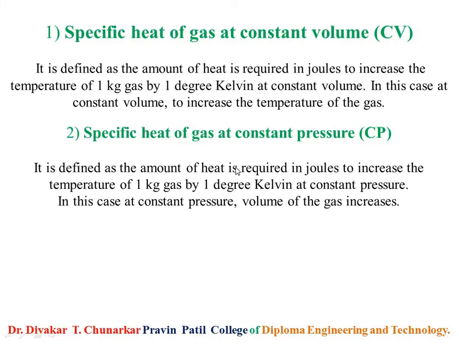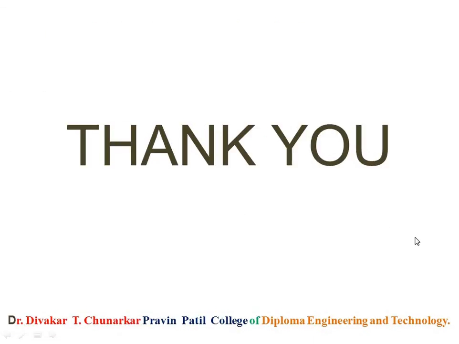In case of specific heat of gas at constant pressure, it is the amount of heat required in joule to increase the temperature of 1 kg of gas by 1 degree Kelvin at constant pressure. In this case, the pressure remains constant and the volume of the gas increases.